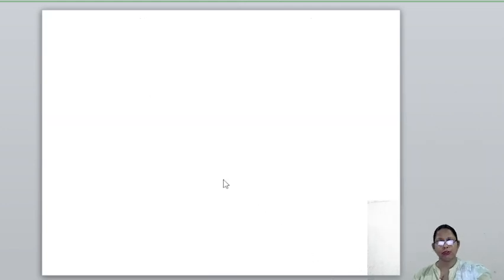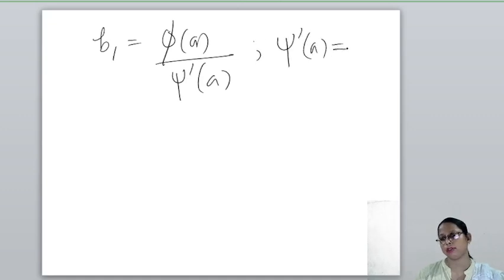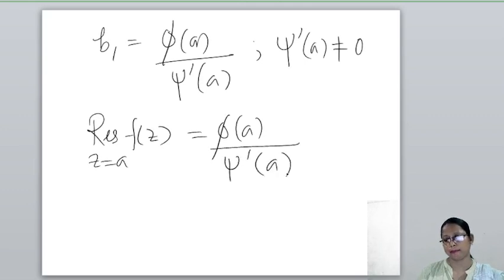We are left with b1 equal to phi(a) divided by psi dash(a), provided psi dash(a) is not equal to 0. So the residue at a simple pole of f(z) at z equal to a can also be given by this formula, phi(a) by psi dash(a).